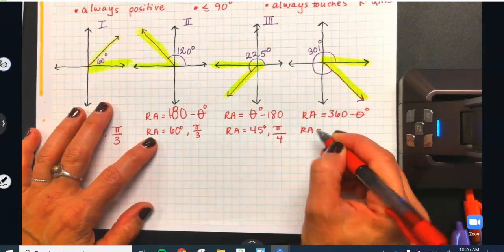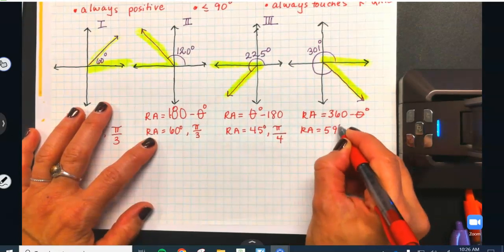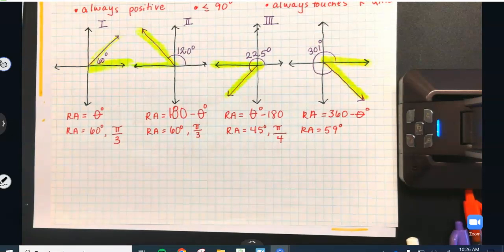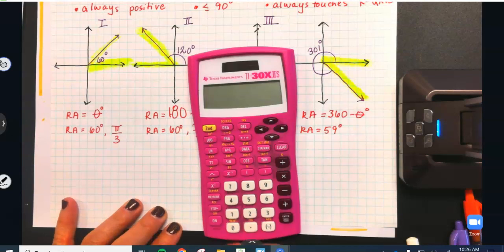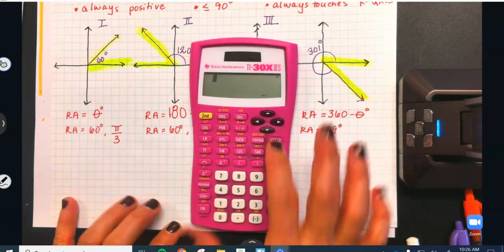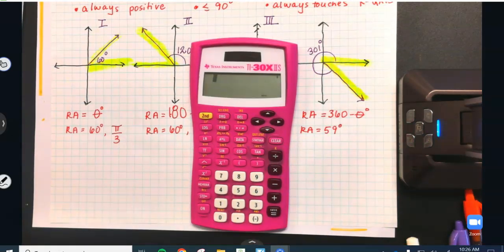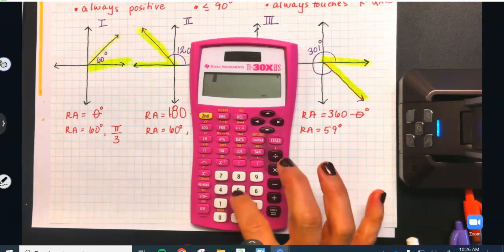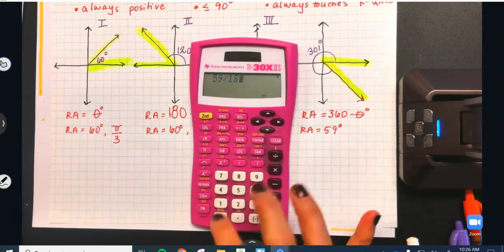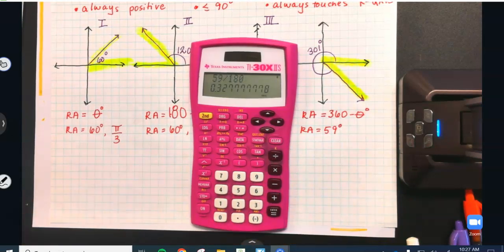Oh, this will be fun. I don't know what this is in radians. Let's figure it out. Turn on your calculator. All right, so that's in degrees. How do I convert it to radians? What do I multiply by? Pi over 180. Very good. So it's just going to be 59 divided by 180. Now remember, it's going to give you a decimal.